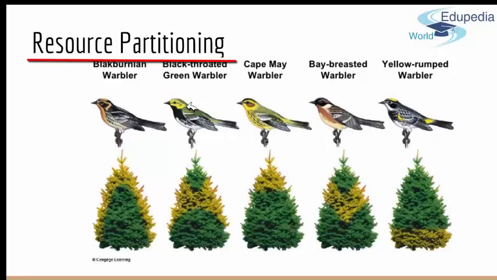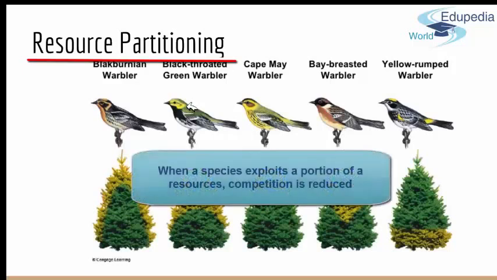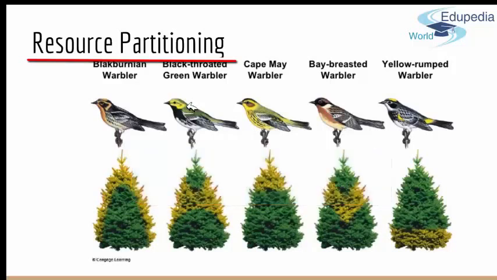So it's a smart way to divide the resource among different species so they can actually coexist. So when each species exploits a portion of the resource available to others, competition is reduced, obviously. So resource partitioning is often viewed as a product of coevolution of characteristics that function to reduce competition.